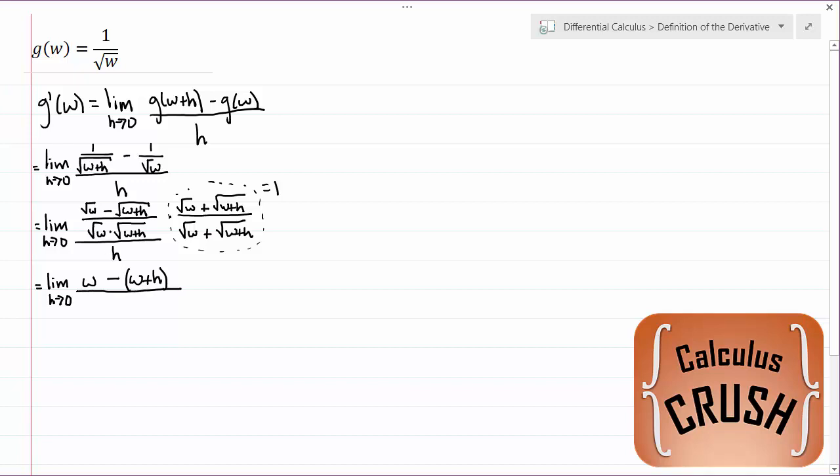This is also a denominator, so I'm just going to move the h up. We have h times the square root of w times the square root of w plus h, so that first part. And then we have multiplied by, let's put another bracket, the square root of w plus the square root of w plus h.